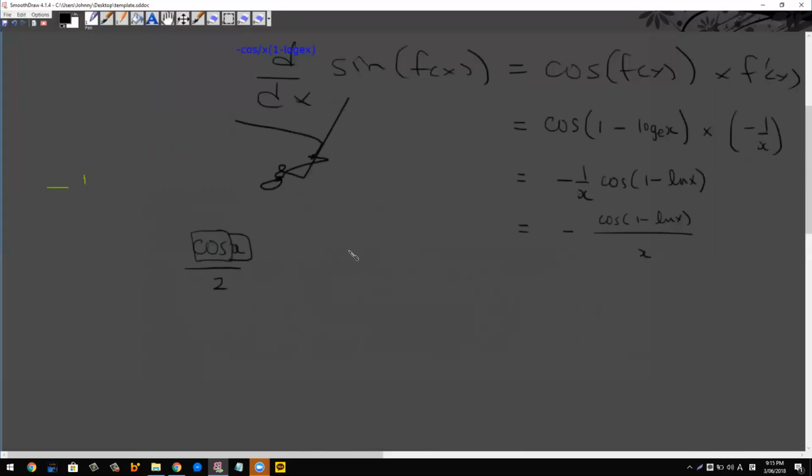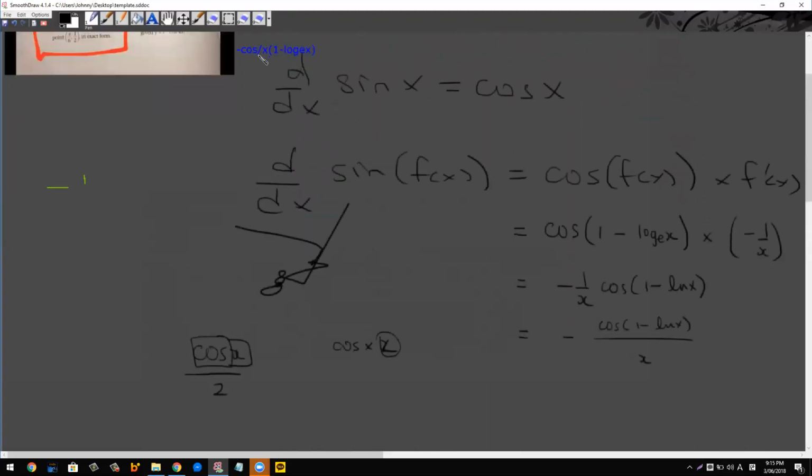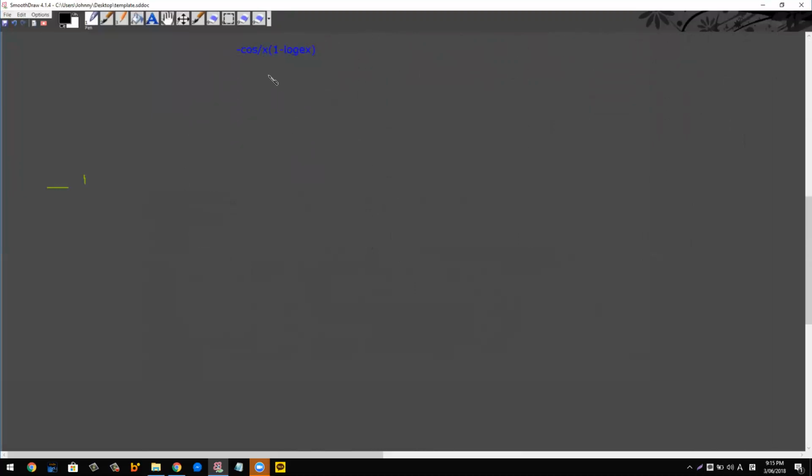Do you understand? This is not cosine times x. Oh, sorry, I forgot to write the x next to cos. That's my bad. So could you write it like this?